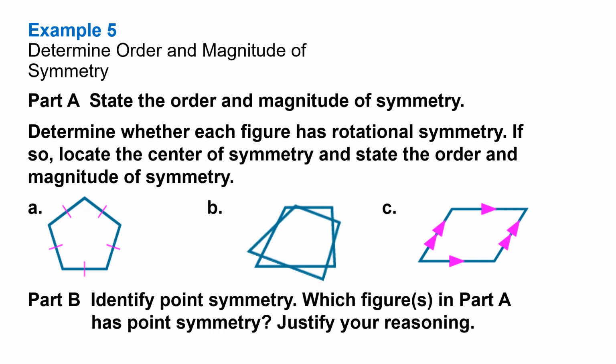Let's look at B. When we turned it, there wasn't a time less than 360 degrees that it matched up with its original quadrilateral. So B does not have rotational symmetry. Let's look at C. So when we turned C 180 degrees, it did match up with the original. So it does have rotational symmetry.